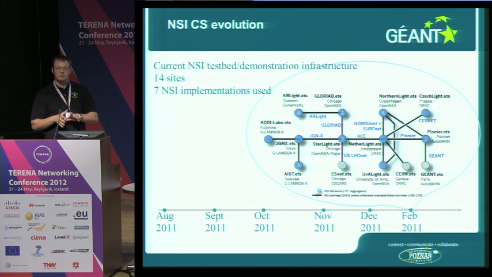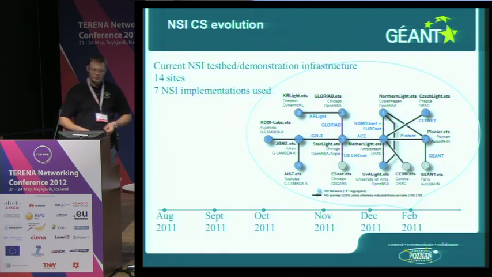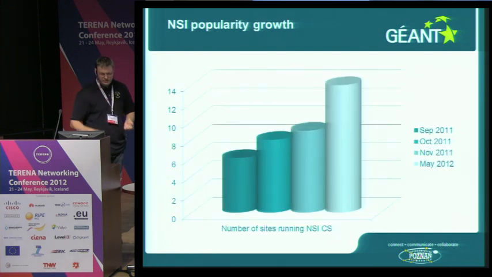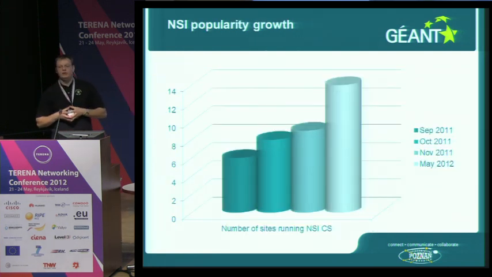This is still a testbed topology, but it's based on a physical connection, so it's using the data plane. And in the meantime, we have had a few demonstrations on different occasions showing that this really works and can unify the different systems under one flag of the NSI service, providing a global reservation across the world. So this graph shows more or less how the number of deployments was growing.